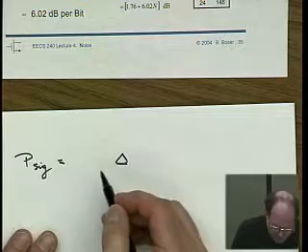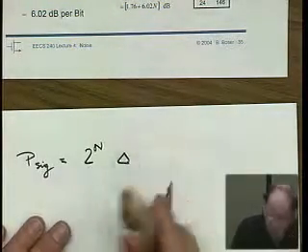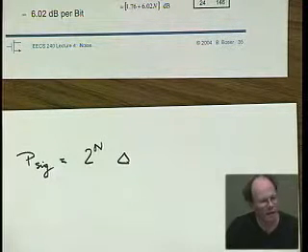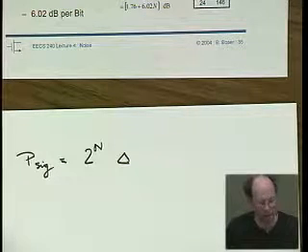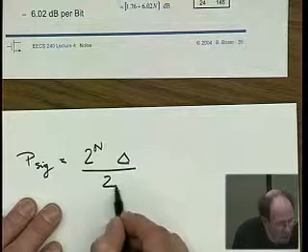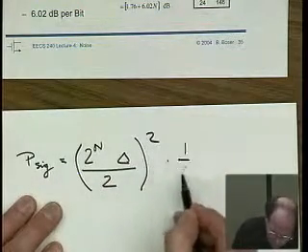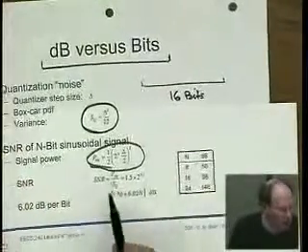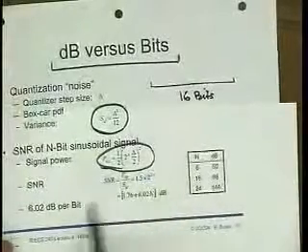Well, the entire range is 2 to the n times delta, that's the entire range that I can represent with an n-bit number. Right? Now, the 0 to peak value is half of that, and the RMS power is this squared times 1/2. So that's what we had here. And then the noise part is delta squared over 12. I take the ratio, and that's written down here.